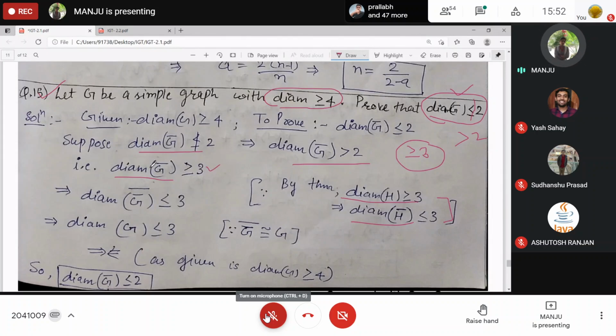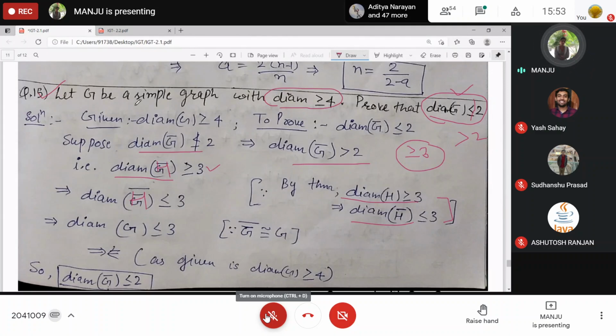Now take the complement of this graph as H. Then H's complement is the complement of the complement. If you take this complement as H, then the diameter of its complement will be less than or equal to 3, since the diameter of H is at least 3 now. Are you getting it?